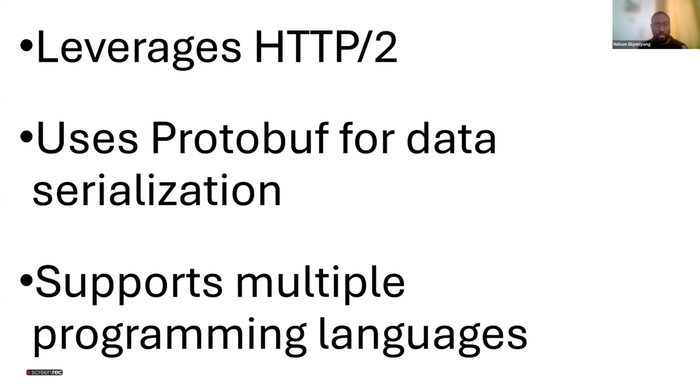Protocol buffers themselves are language agnostic and platform agnostic as a mechanism for encoding structured data. So let's talk a bit about the 3 points here. What does it mean when we say that gRPC leverages HTTP2 and uses protocol buffers for data serialization, and then of course it supports multiple programming languages?